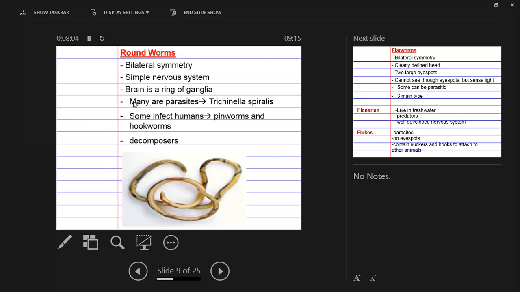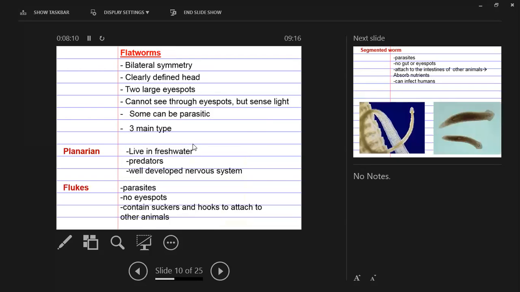It's enough for here. Extra information. Flatworms, bilateral symmetry. Concentrate on this point. They have a clearly defined head and two large eye spots.